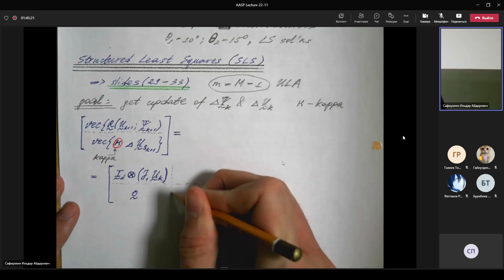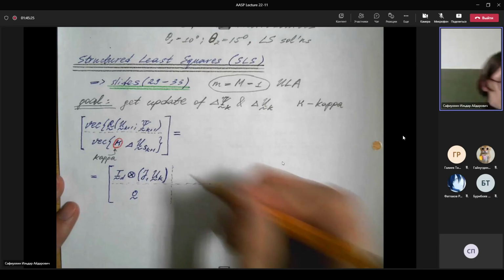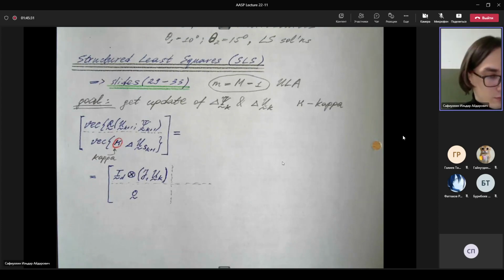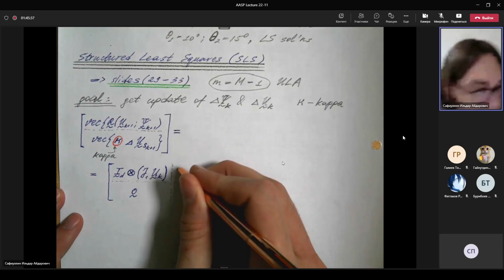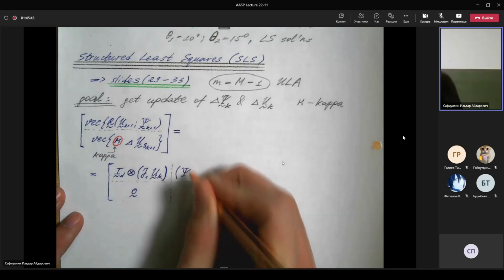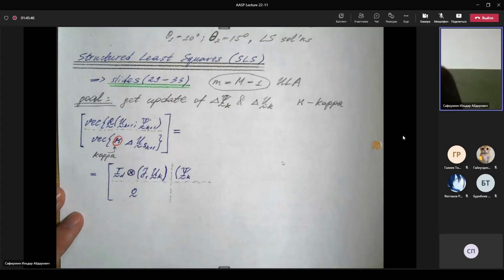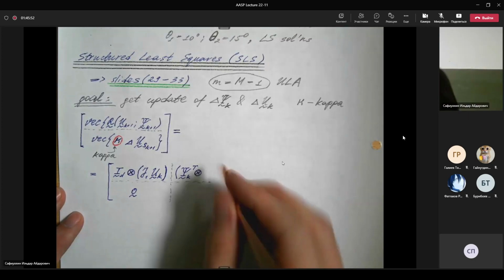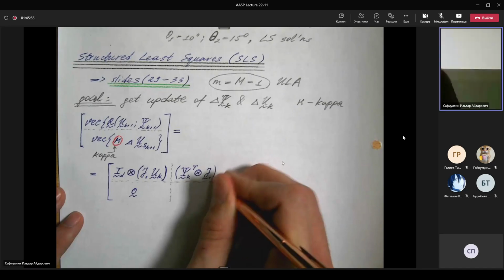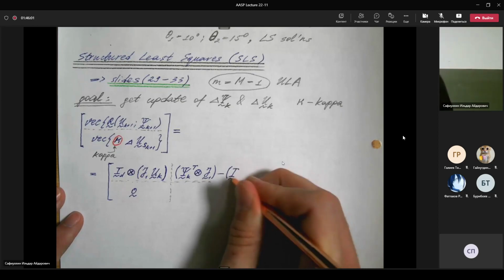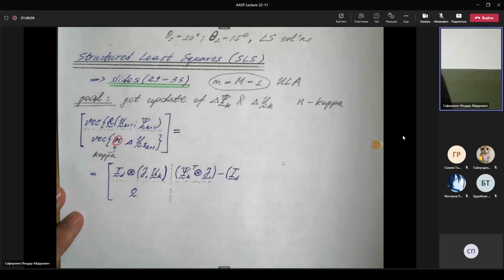And then from the right side, we concatenate xi sub k transposed Kronecker product with selection matrix 1, minus the identity matrix of size D Kronecker product with the second selection matrix.